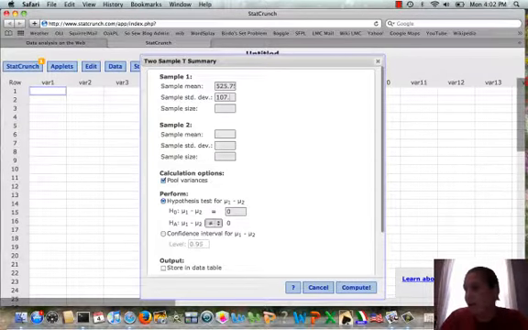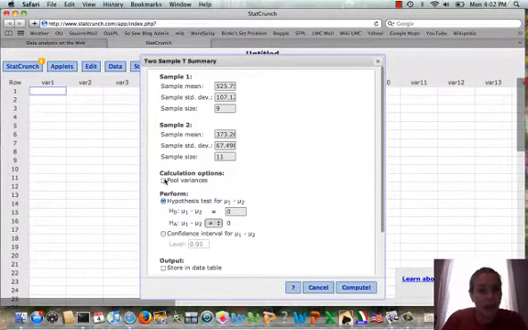We put the sample standard deviation for the first group, and the sample size for this first group was 9. Remember, we're doing a t-test because we don't know the population data. And the sample size for the second group is 11.